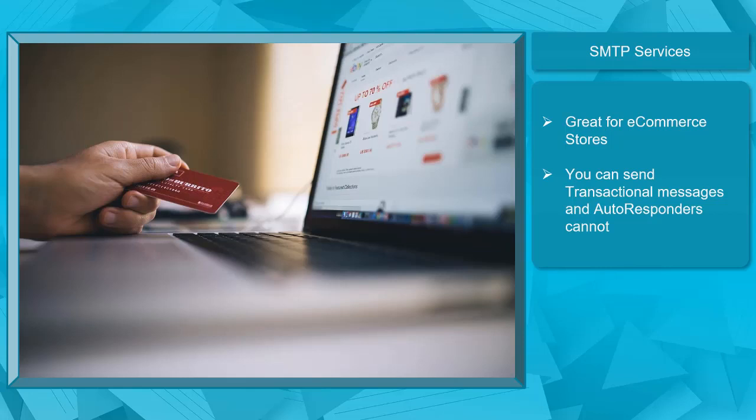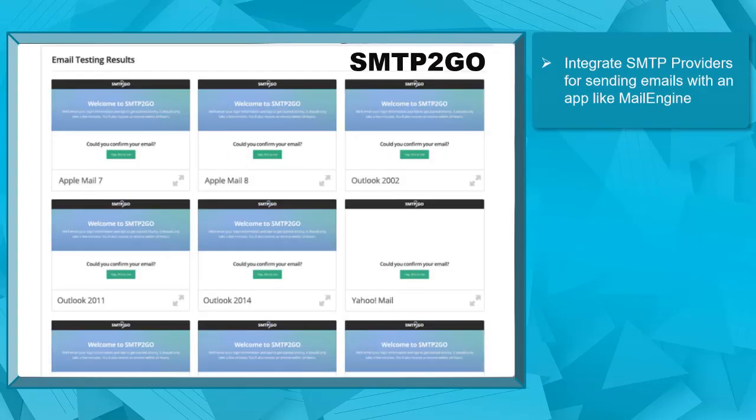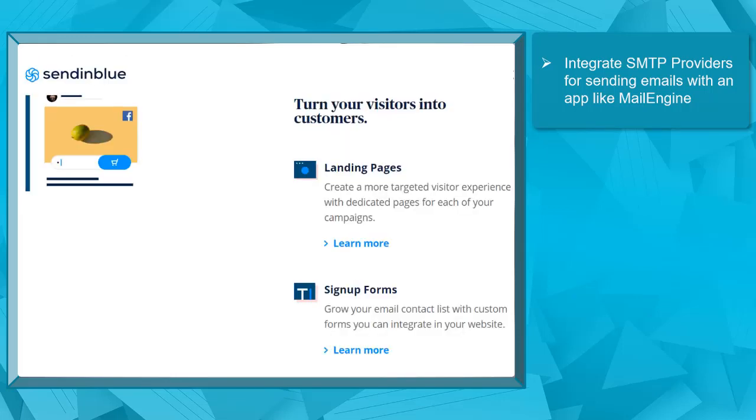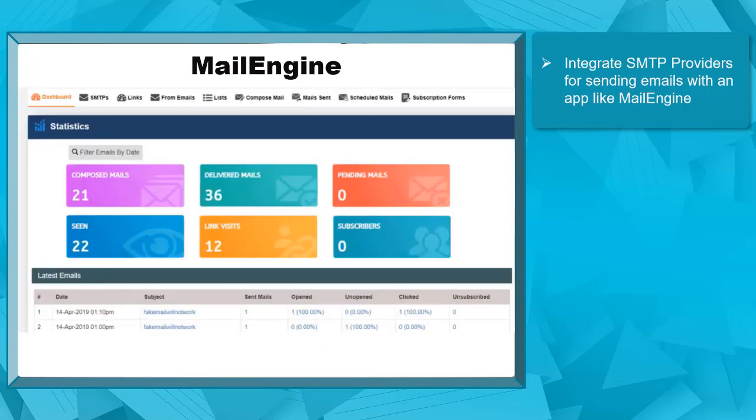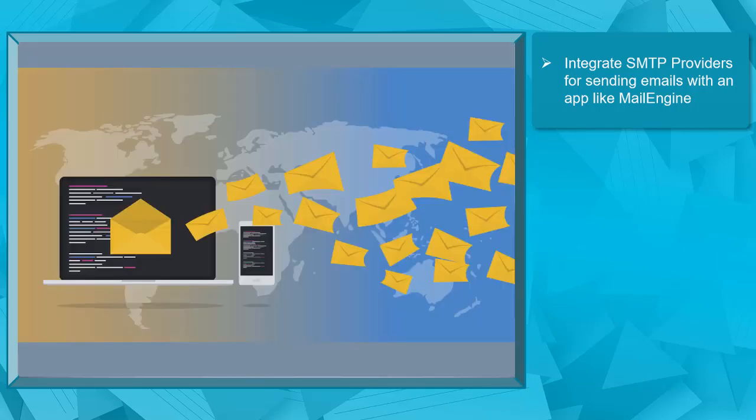SMTP services can be useful for your business, especially for e-commerce stores, since autoresponders cannot send out email messages like transactional messages, whereas SMTP services have that feature. If you use SMTP providers like SMTP2Go or Sendinblue, all you need to do is integrate it with an app like Mailgun. Then you can set it to send email messages for you.